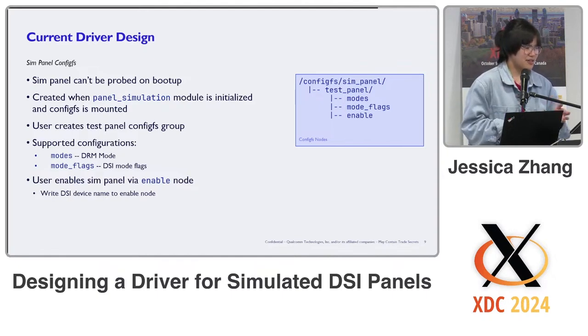In order to set up the sim panel, you first have to create the module by doing modprobe on the panel simulation kernel module and mount the configfs. The user can then create a test panel configfs group and configure two nodes. The first one is the modes node, which specifies the supported DRM mode. The second is the mode flags node, which specifies the DSI mode flags. The user will then enable the sim panel by passing the DSI host device name to the enable node, and that will trigger the panel probe.